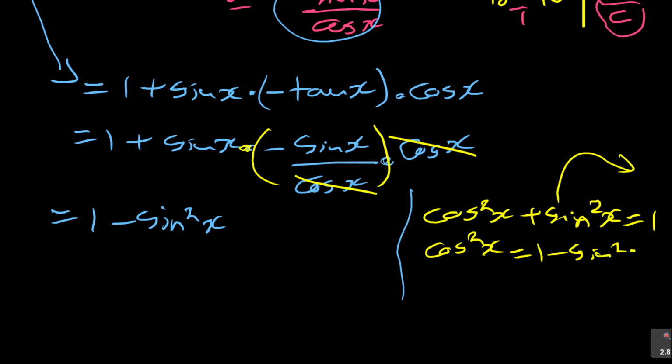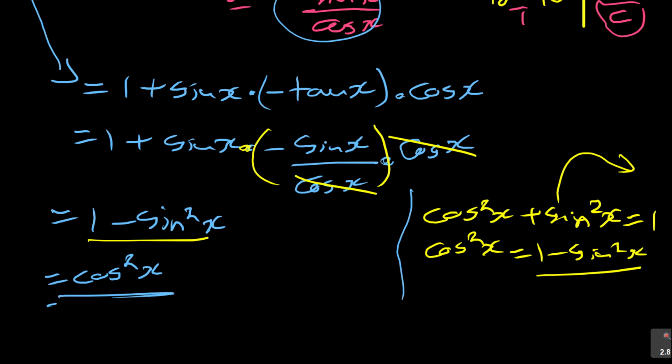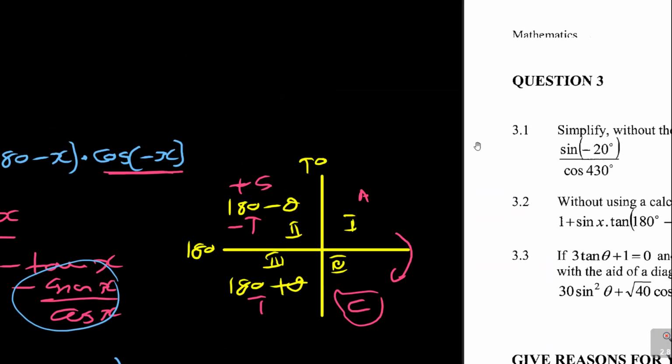Minus sin squared x. See, that's what we are having here. So this then becomes equal to cos squared x. That becomes the simplified version of that, 1 minus sin squared x, which is that. It could have been simplified into that.